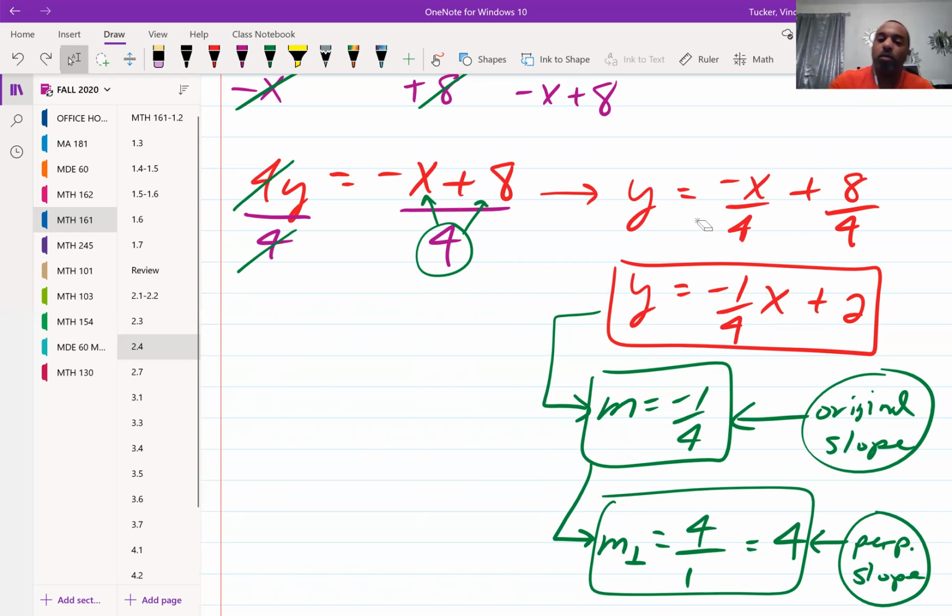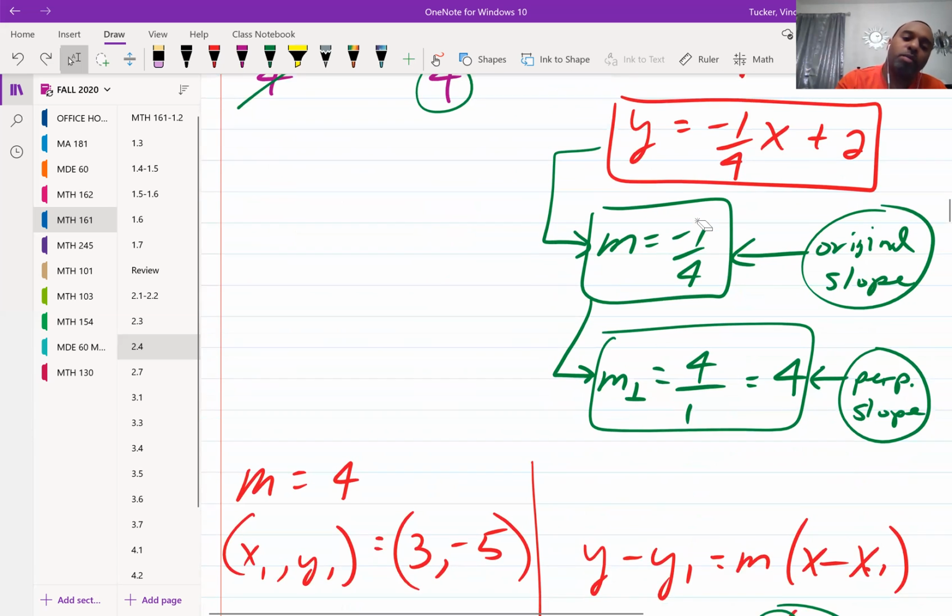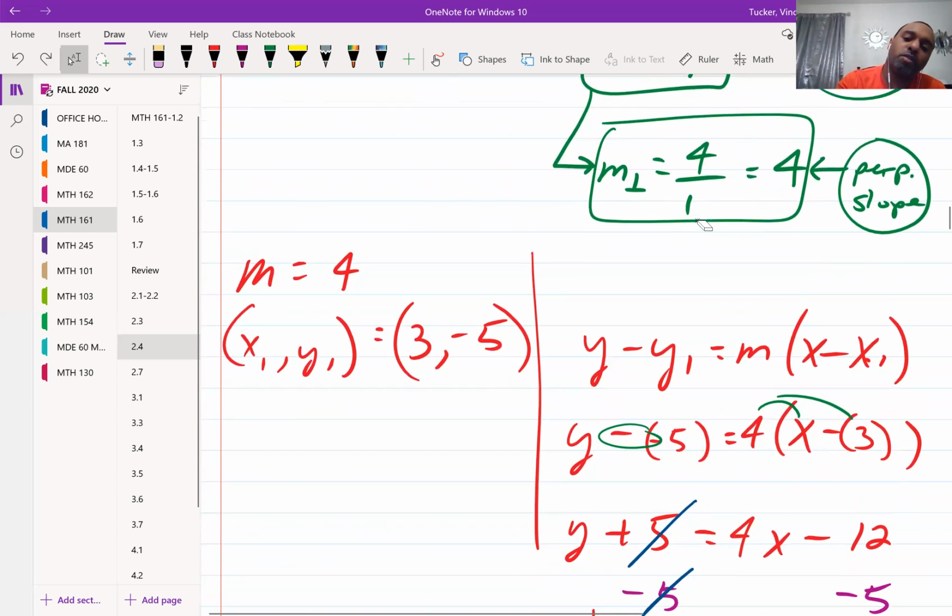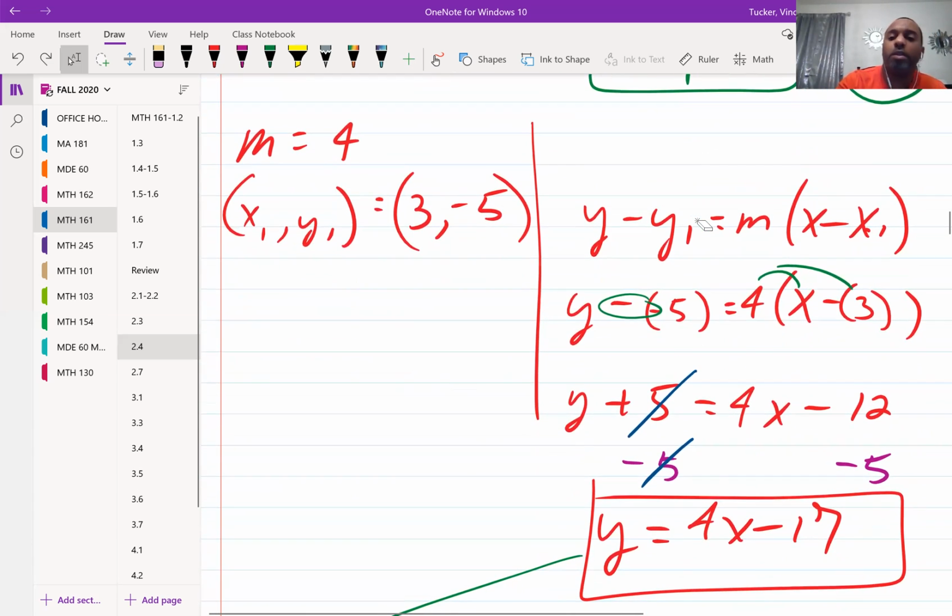All right. So now that you have your slope and the point, you plug it into the point slope formula. y minus y1 equal to m times x minus x1. Plug it in: -5 for y1, 4 for m, and 3 for x1. Distribute the 4.